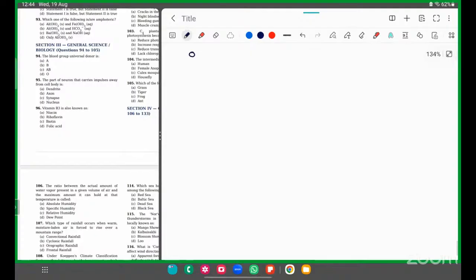So if we look at it, the universal donor is O group.